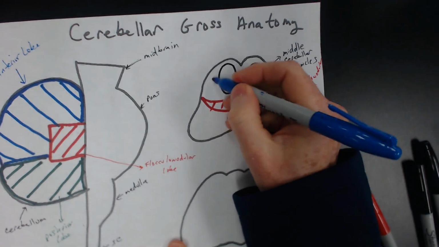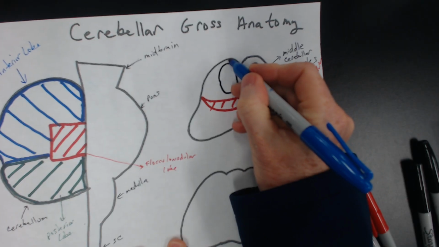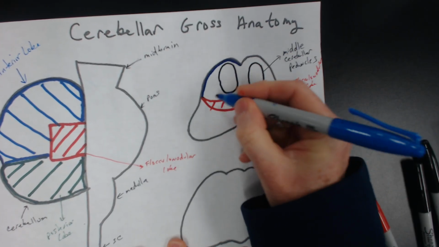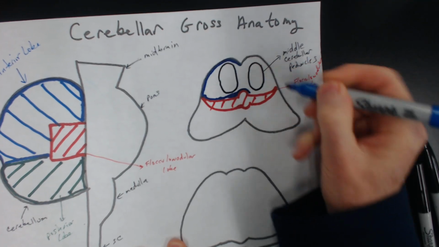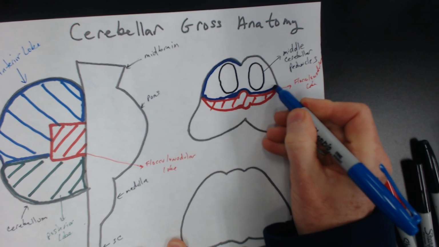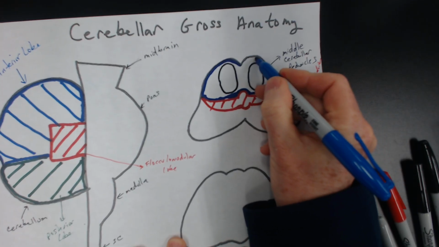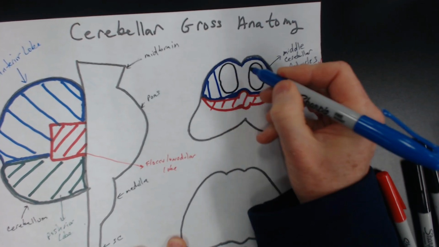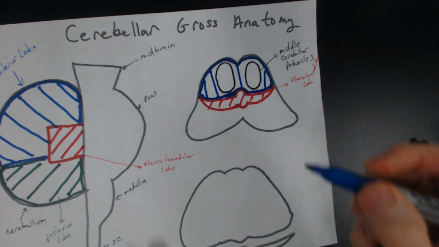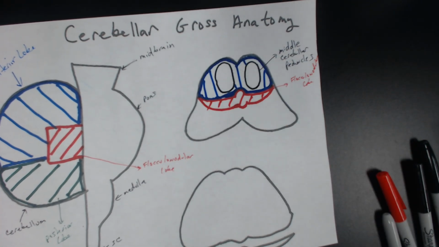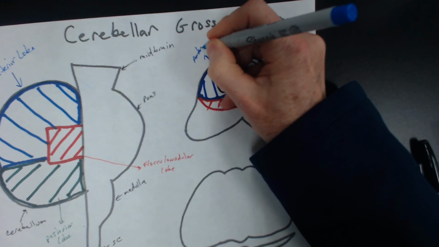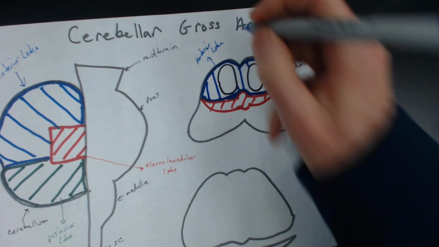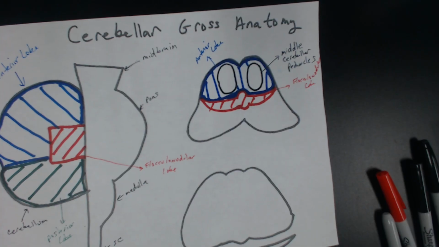And then you have your anterior lobe, which is the top portion. That's all anterior lobe, shown in blue. The anterior lobe's up top, so that means the posterior lobe's down below.